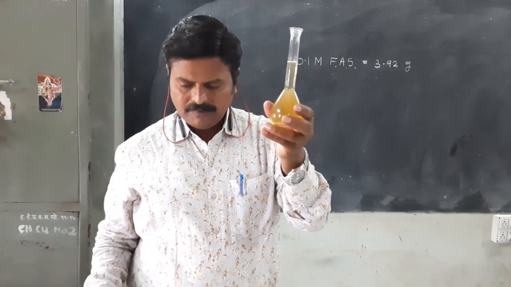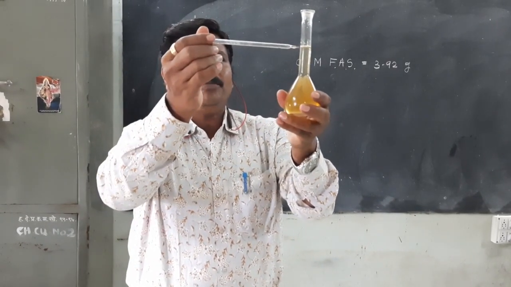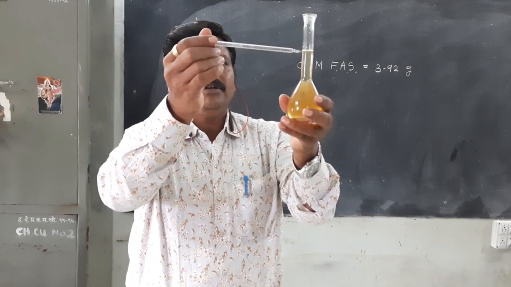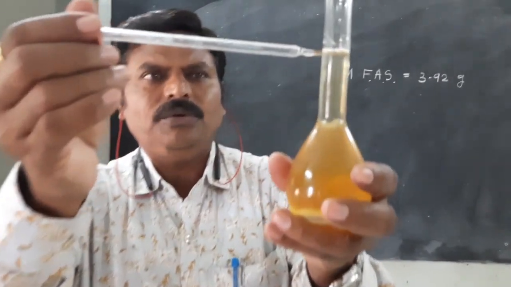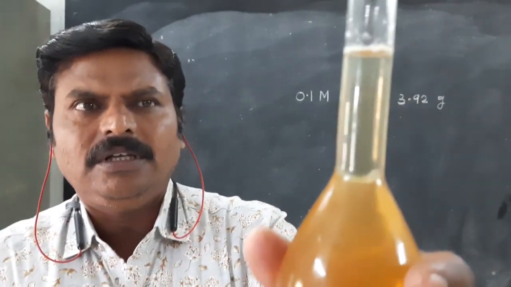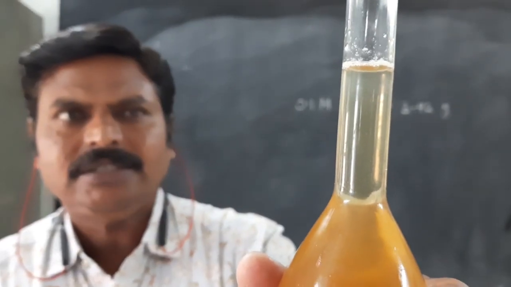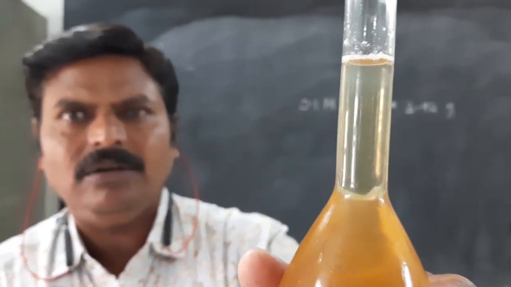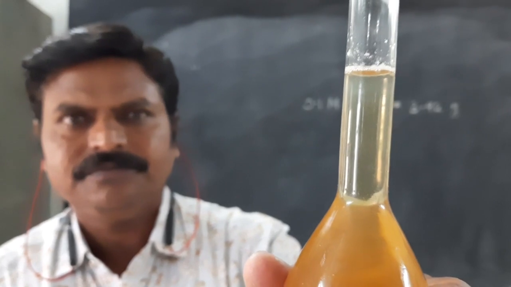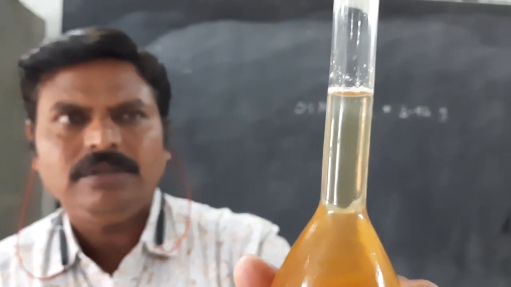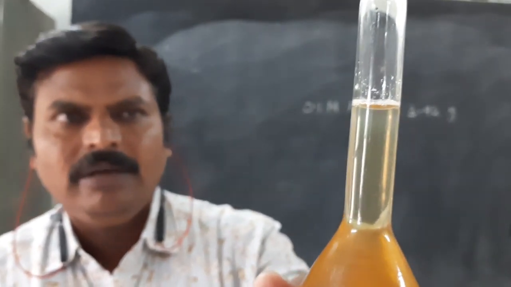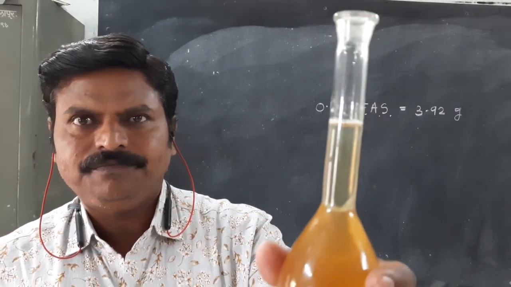So here lower meniscus of solution coincides with the volumetric flask mark or level. So this is 0.1 molar ferrous ammonium sulfate solution.